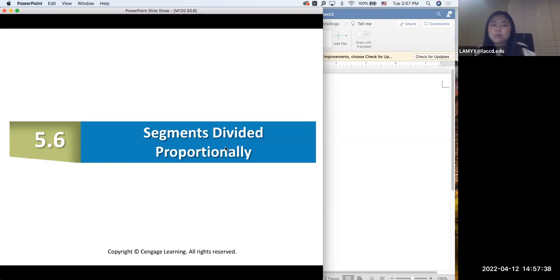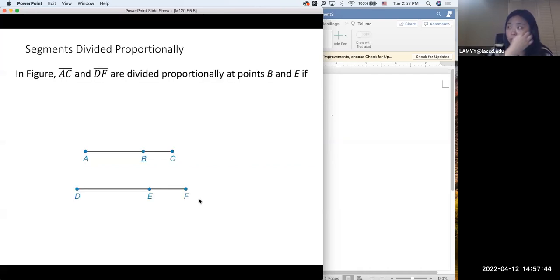Okay. Section 5.6. Segments divided proportionally. So in this figure, we have a two-line segment. The first one, this is the AC. And you can see we have a point in between. It's going to be the point B here. And then we have another line segment, DF.